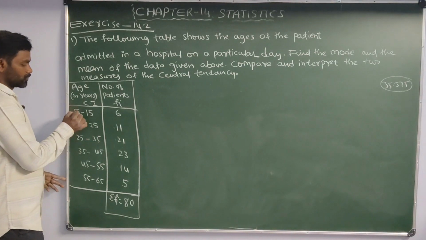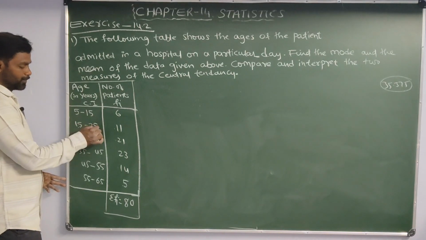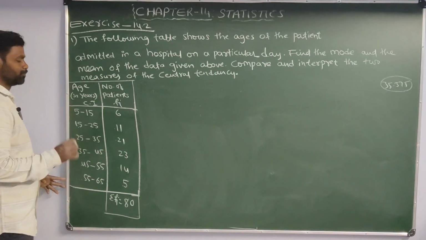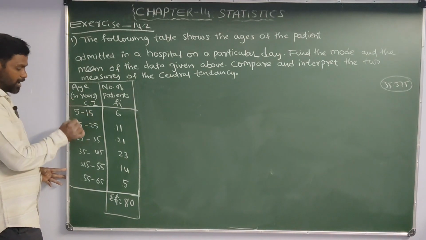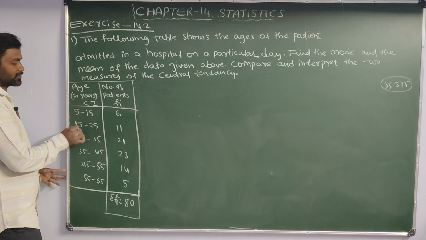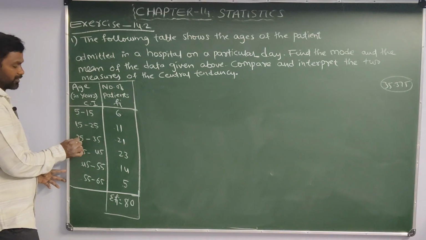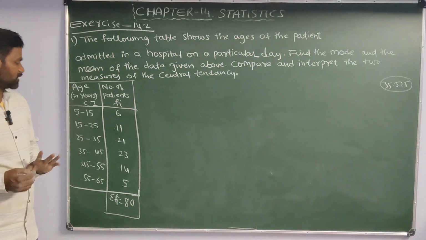Look here, this is the lower limit and this is the upper limit of the first class, and likewise for each class. If the upper limit of the first class is the same as the lower limit of the second class, and the upper limit of the second class is the same as the lower limit of the third class, then those class intervals are called continuous class intervals.